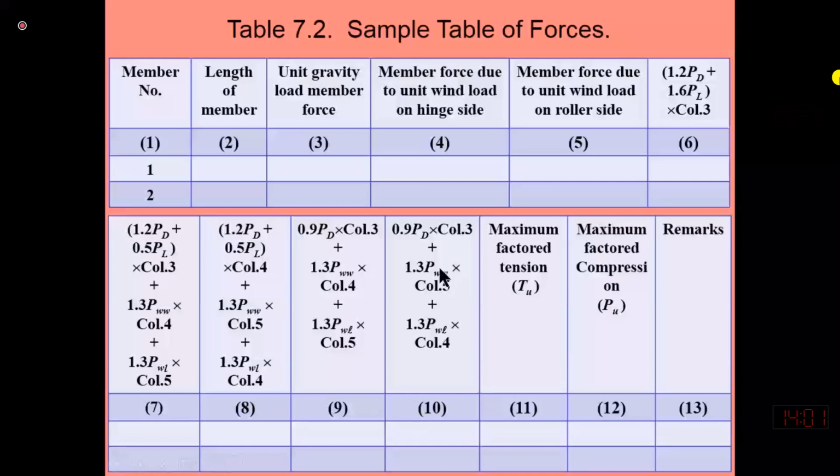In the next four rows, that will be PWW2, PWW2, and also PWW2, and all the other factors will remain the same. It means that now you will have 9 forces instead of 5. So out of 9 forces, report here the maximum tension in this column and the maximum compression in this column.